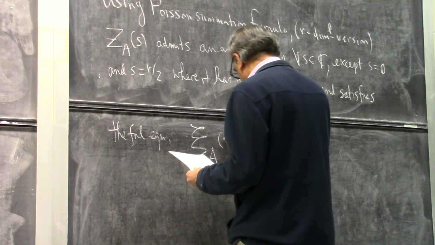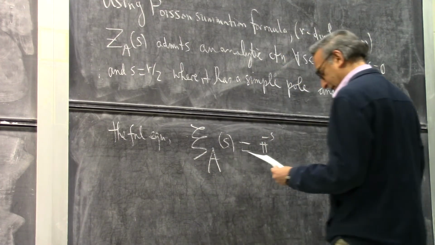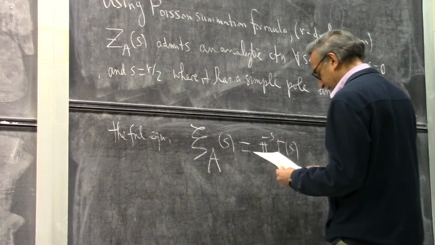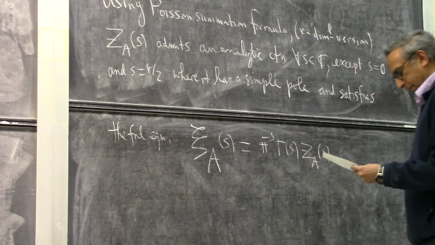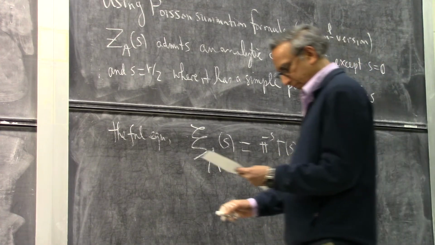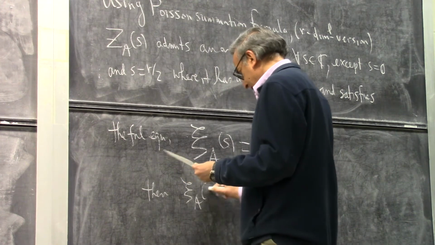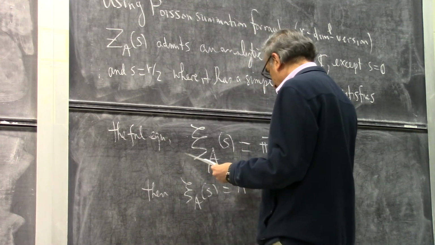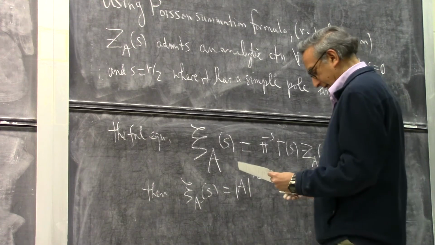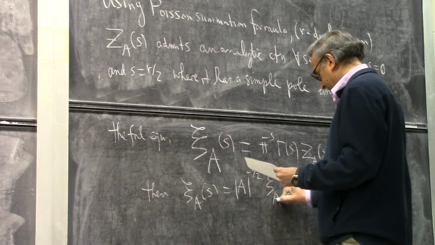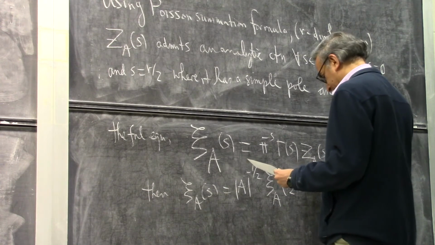Let C_A(s) be pi to the minus s, gamma of s, where gamma is the gamma function of course, times zeta_A(s). Then C_A(s) is equal to the determinant of A to the power minus 1/2, C_A(r/2 minus s).